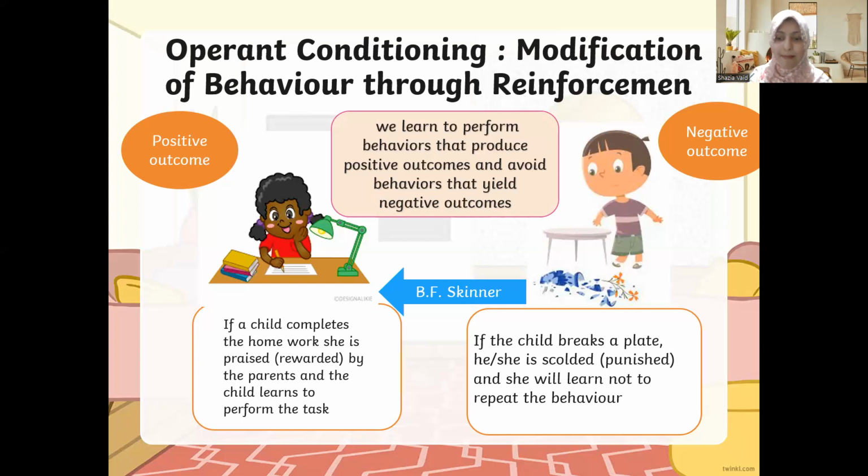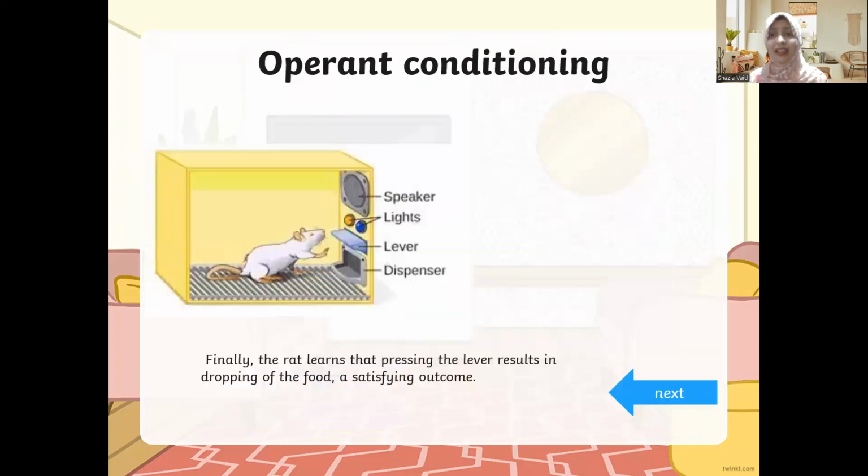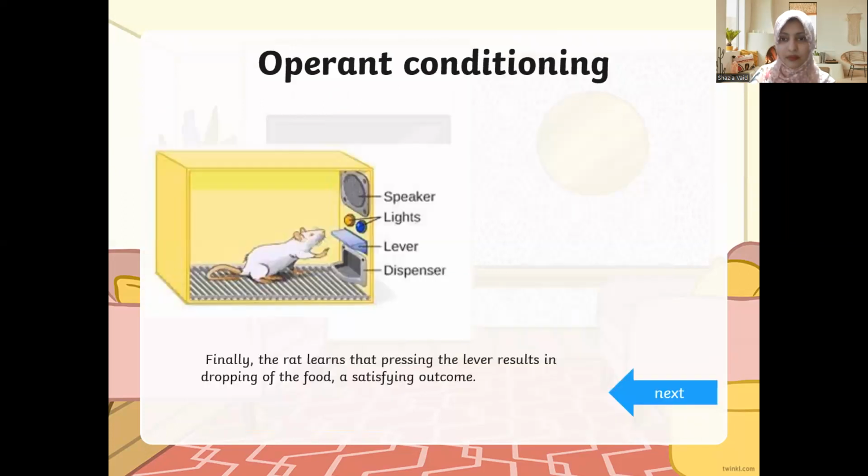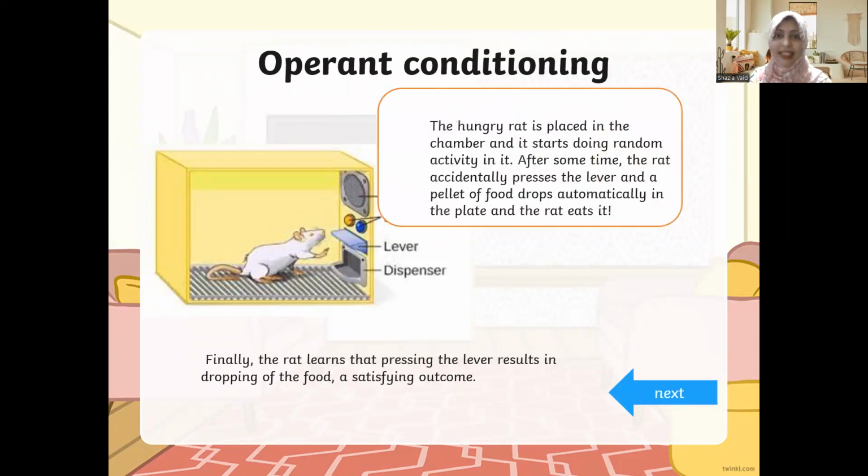Operant conditioning was given by B.F. Skinner, and he did an experiment on it. He got a mouse and caged it in a box.